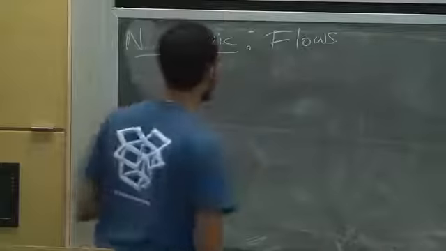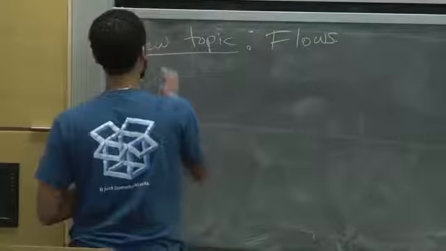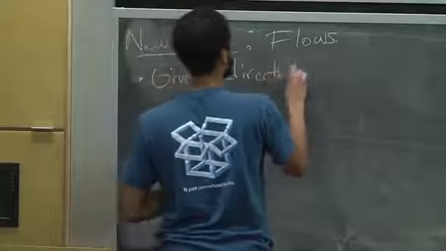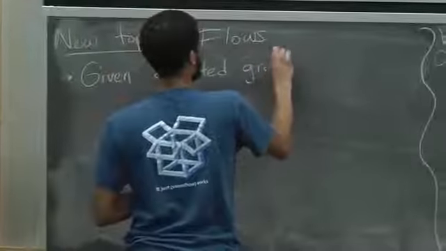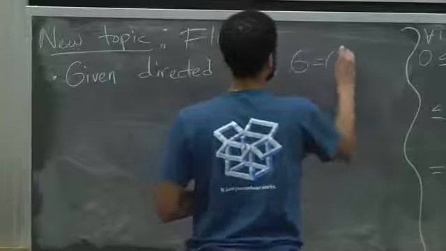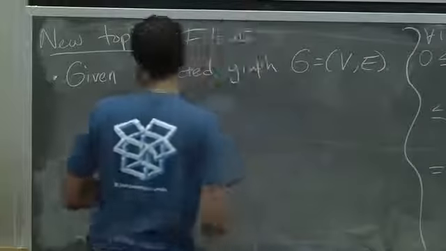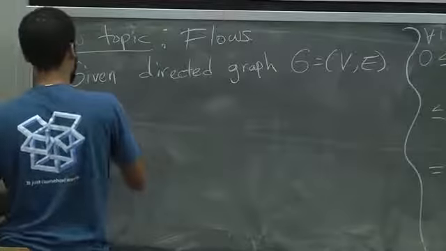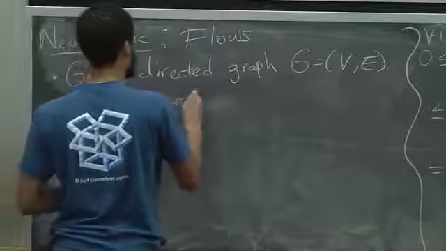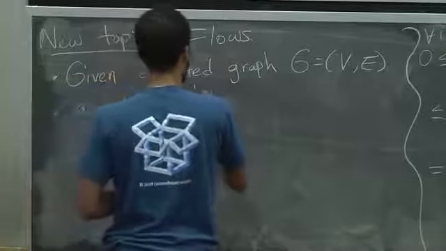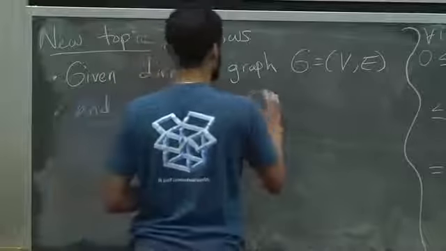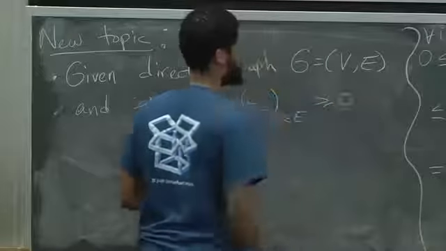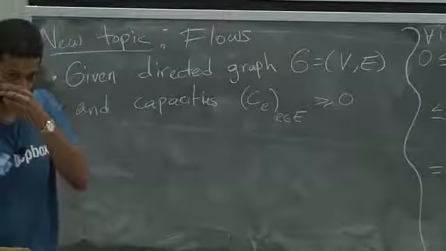Okay. So flows. We're given a directed graph G equals (V, E). We're also given capacities, and the capacities are all non-negative.